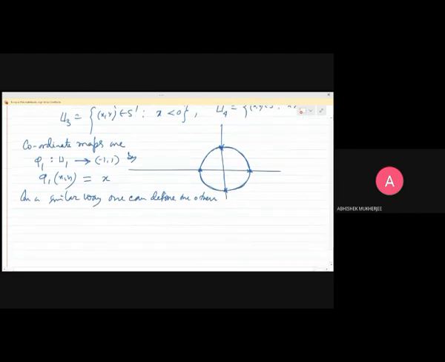So check that the phi i's are homeomorphisms. So this is an atlas of S1 consisting of 4 coordinate charts.